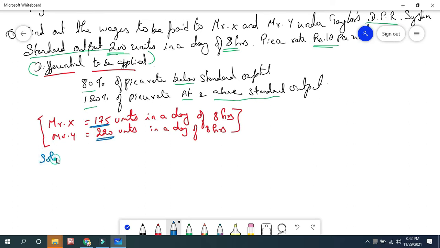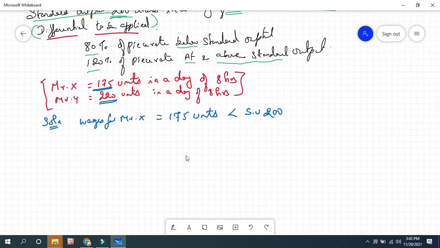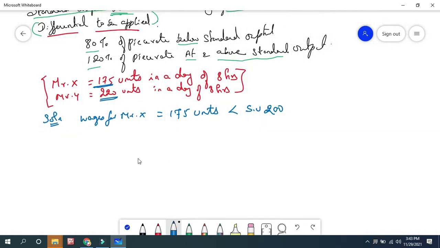So we are going to find the wages for Mr. X now. Since X produced 175 units, which is less than the standard of 200 units, we are going to apply the first one, that is 80% of the piece rate.